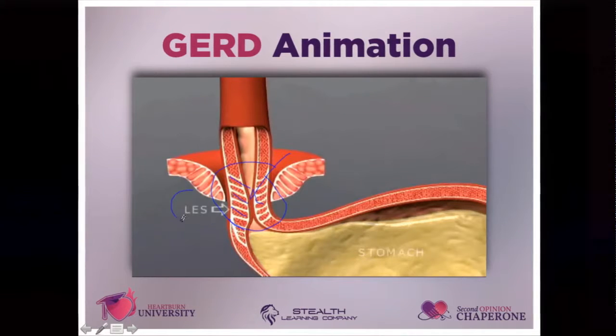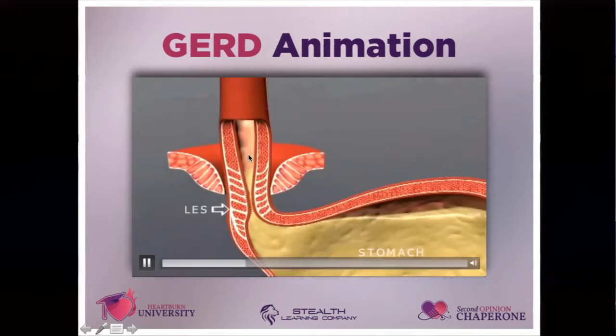And it's called the LES, the lower esophageal sphincter. Here's all the food content here. And this muscle is supposed to stop this food content from coming back up here. So let's go ahead now and break this down and show what happens in the process.